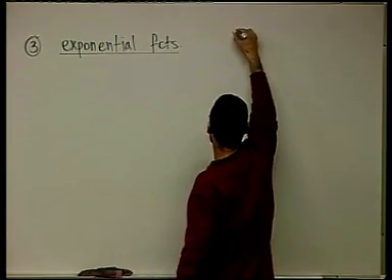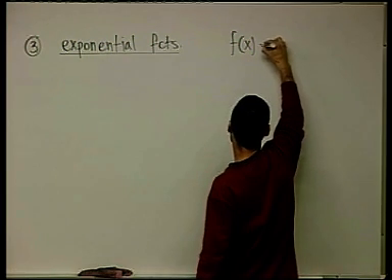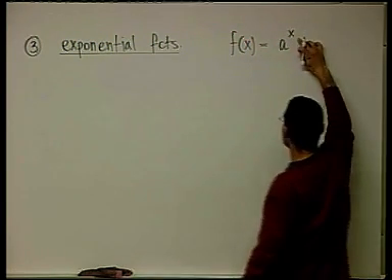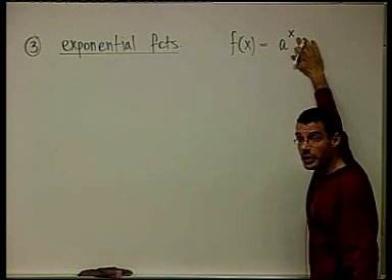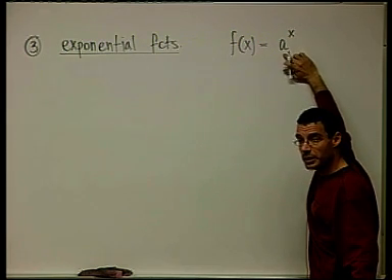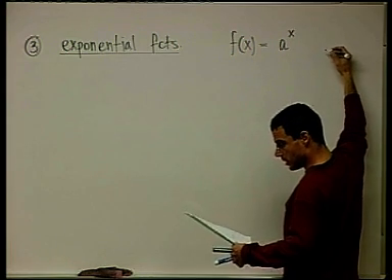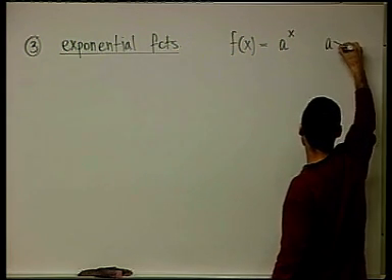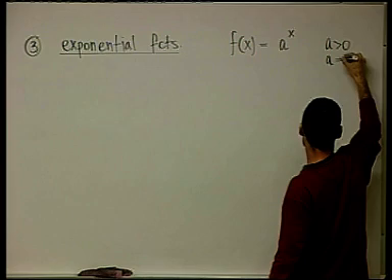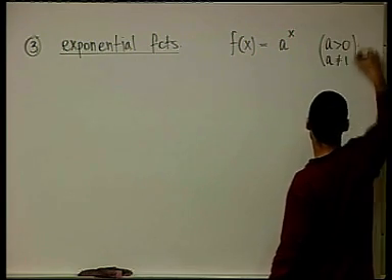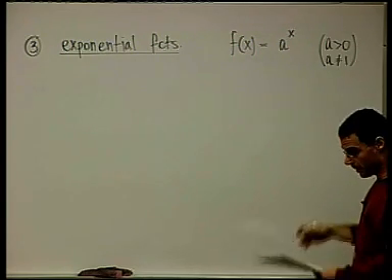These are functions of the form a to the x, but this time the x sits up here in the exponent rather than down here, as in polynomials. And the restrictions are that a is greater than 0 and a is not equal to 1. These are standard assumptions.